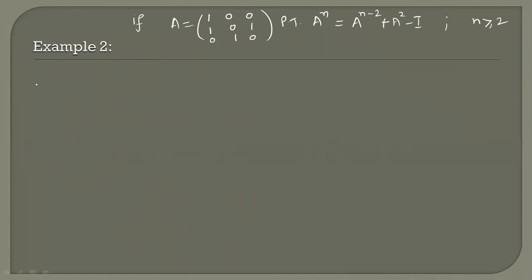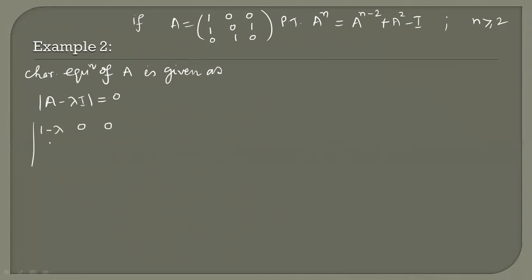I am going to solve this. The characteristic equation of matrix A is given as determinant of A minus lambda I equal to 0. It means determinant of [1 minus lambda, 0, 0; 1, minus lambda, 1; 0, 1, minus lambda] equal to 0.